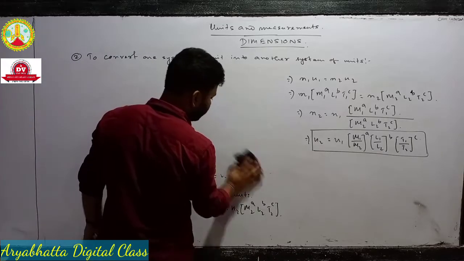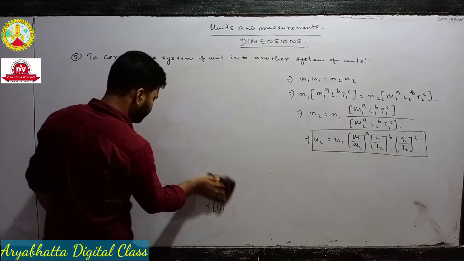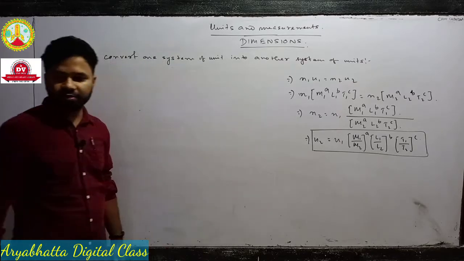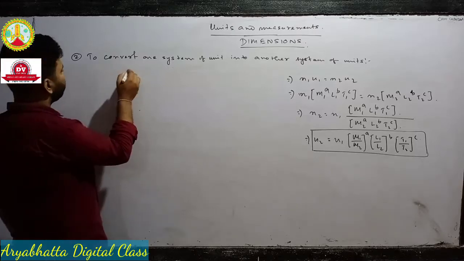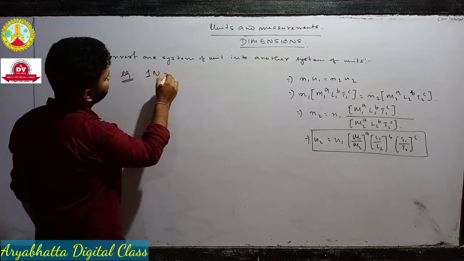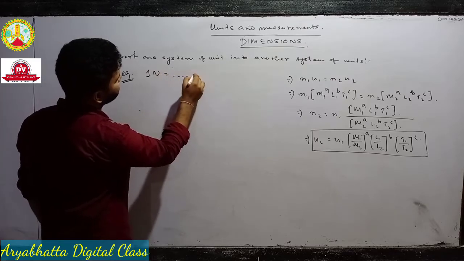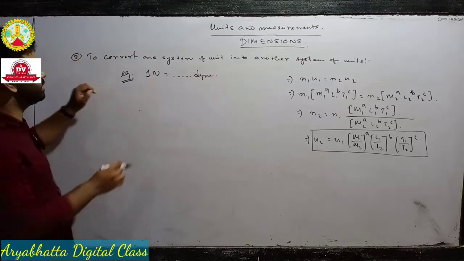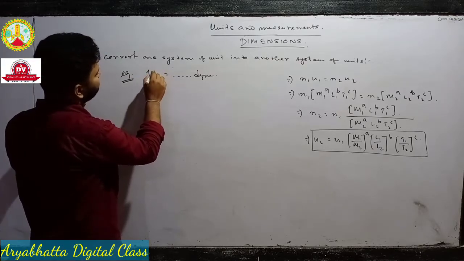So what is the SI unit of force? The SI unit of force is Newton, and we have to convert it to the CGS unit. So the question is: 1 Newton is equal to dash dyne. The SI unit of force is Newton and the CGS unit of force is dyne.